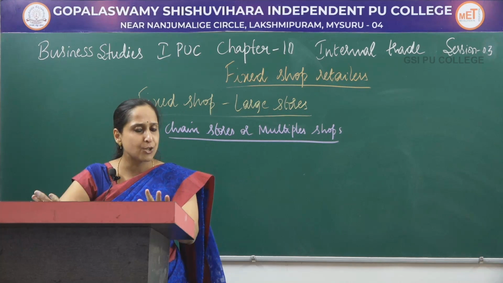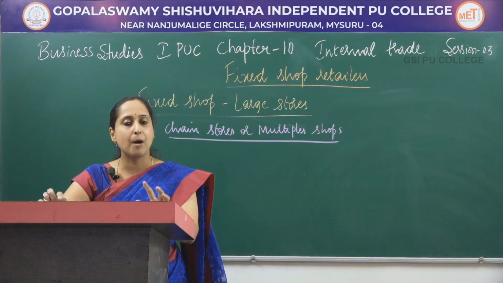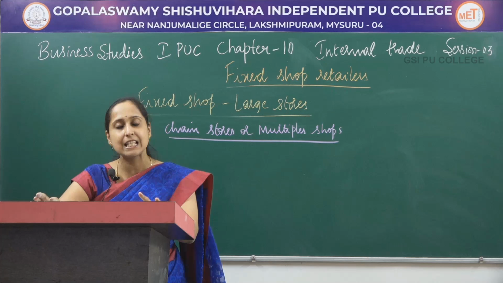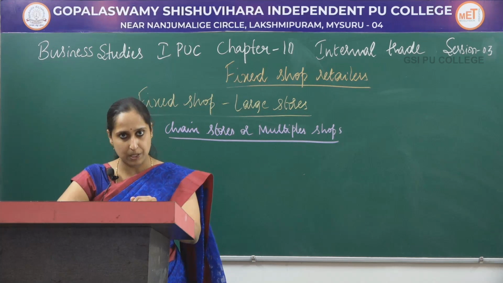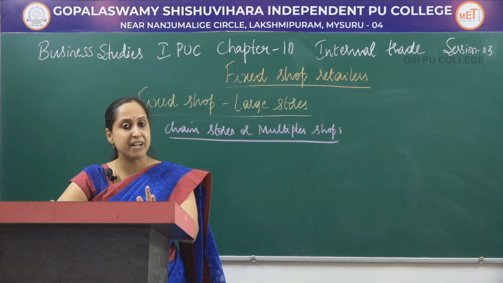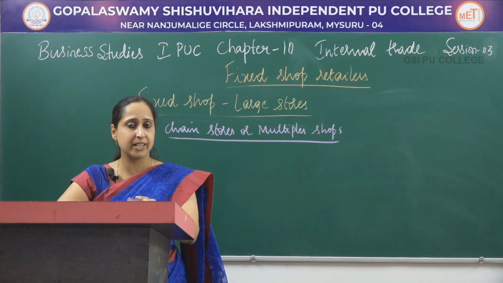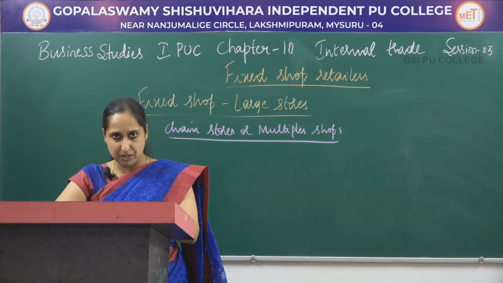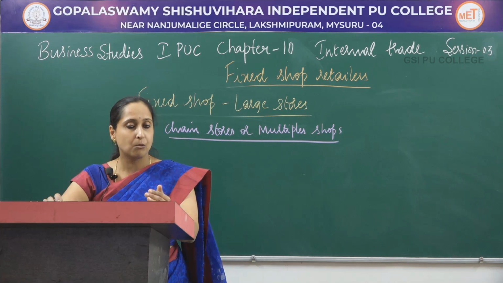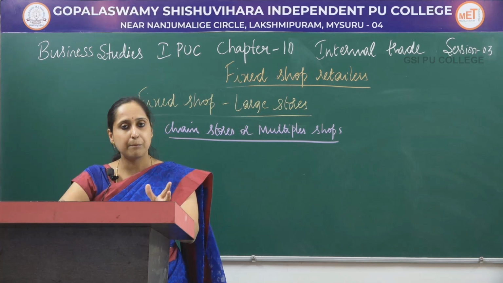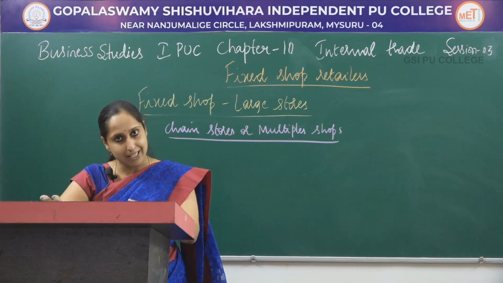Here all branches of these multiple shops are controlled by the head office, and they provide a few policies and rules, which have to be followed by all the branches. The prices of these goods are fixed, and all sales are made on a cash basis. Here credit facility is not given to customers, and what they receive, they immediately deposit to the bank and they send the report to the head office regarding the sale of the goods.